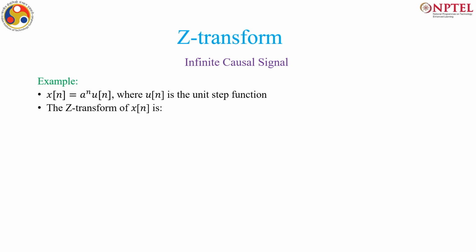So, the z transform will be, if I plug in the formula, and I have said that there is a u of n. What is u of n? U of n, as we discussed in the first lecture, if you remember, is 1 for n greater than or equal to 0 and 0 otherwise, which makes it a right-sided or causal signal.